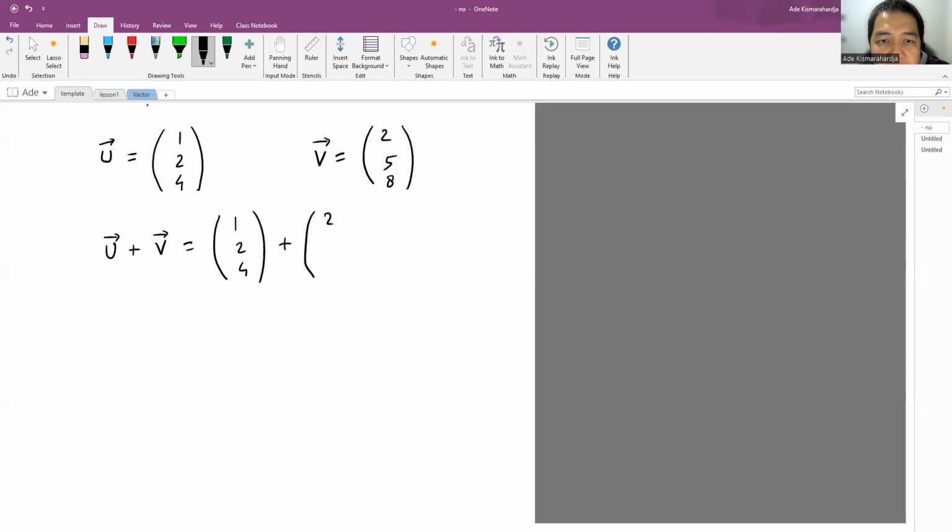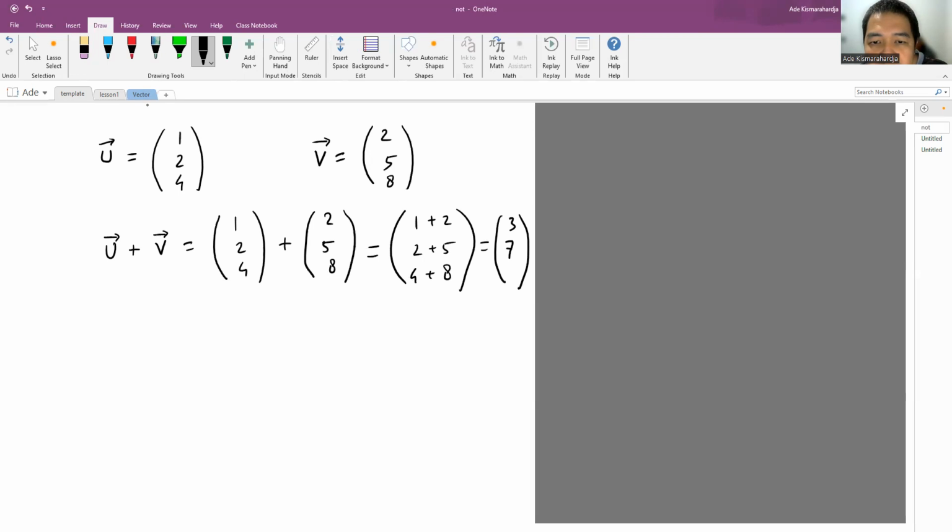So basically what happens is, in this case, we'll have 1 plus 2. So the first is 3. And then after that, we have now 2 plus 5, 7, and then 4 plus 8, 12.